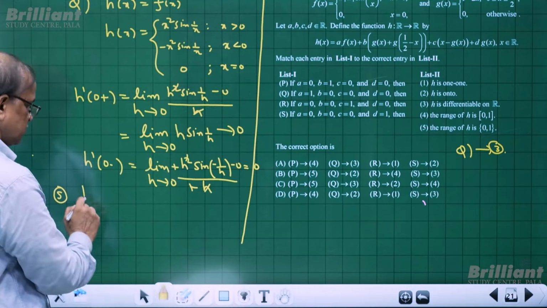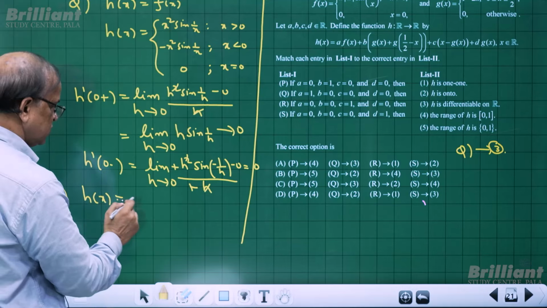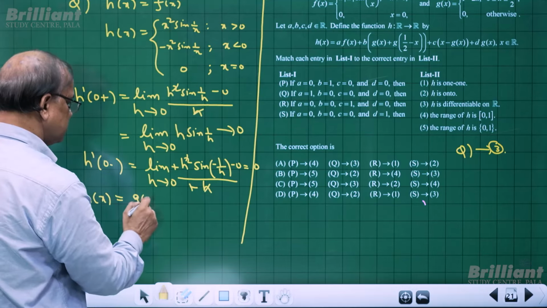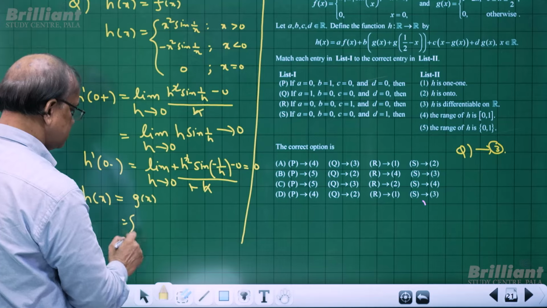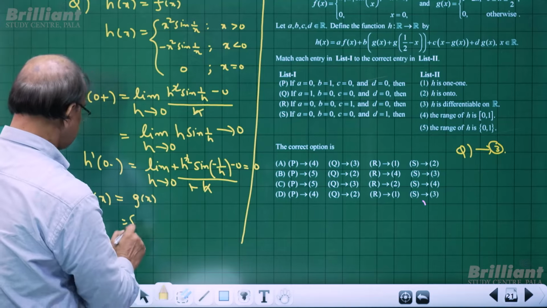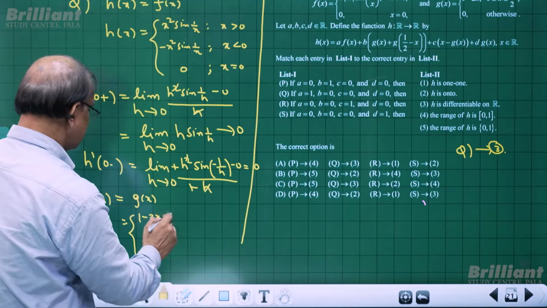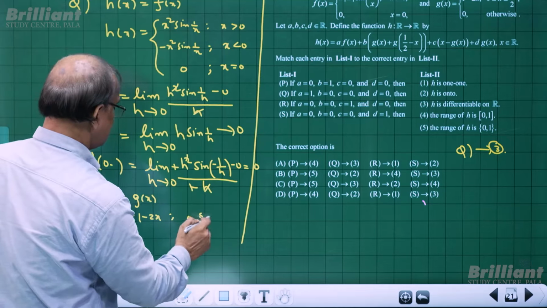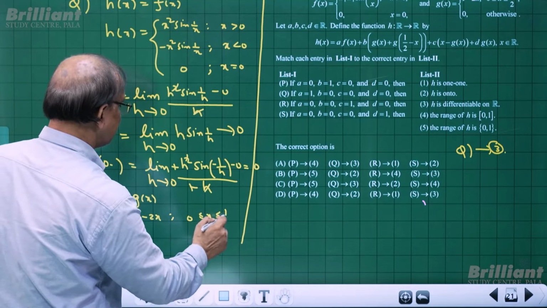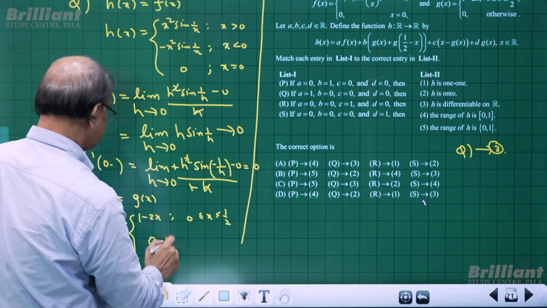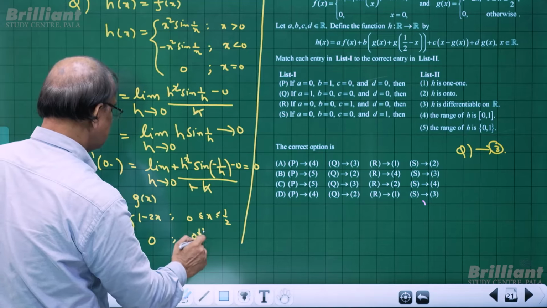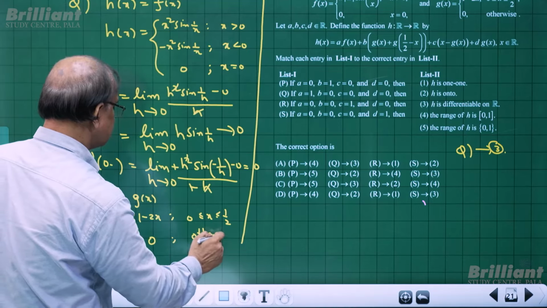So, what is our Gx? That is 1 minus 2x for 0 to half, and 0 otherwise.